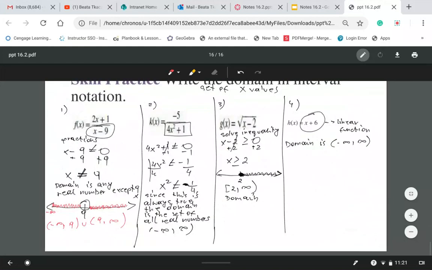I want to just give a note here, because I didn't have enough space to write. All polynomial functions have domain all real numbers.